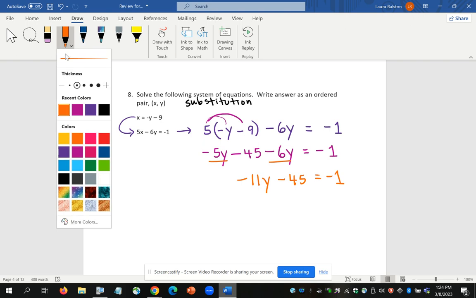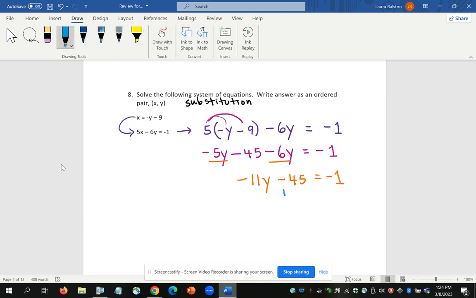I need to isolate the y, so I'm going to add 45 to either side. So I have negative 11y equals negative 1 plus 45, which is 44.